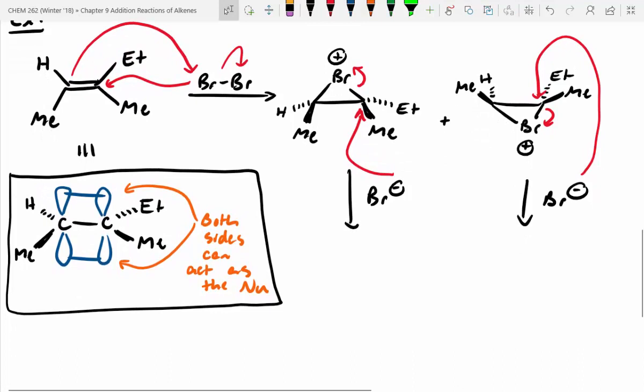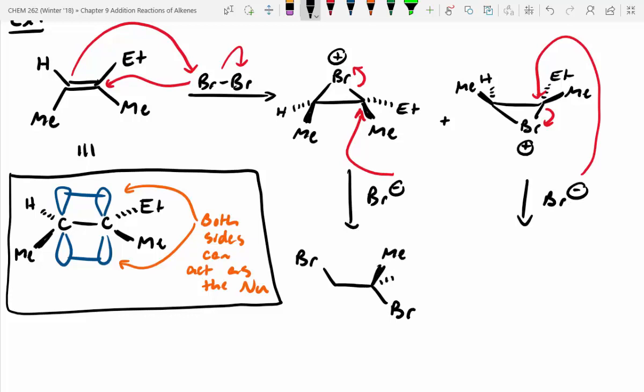And so for the reaction on the left, the bromine's going to slingshot open like that. The bromine that added from the bottom face. The methyl group is still going to be a wedge, but it's going to kind of flip up. The ethyl group's still going to be off of that dash. The methyl group on the right is still going to be a wedge. And your hydrogen will be a dash.